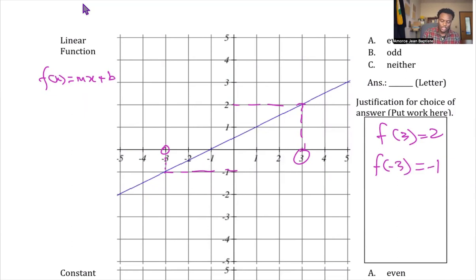So it's not 2, which would make it closer to a conclusion that this function is even, and it's not negative 2, which would make it closer to a conclusion that this function is odd. So that's going to be neither. A linear function is neither.